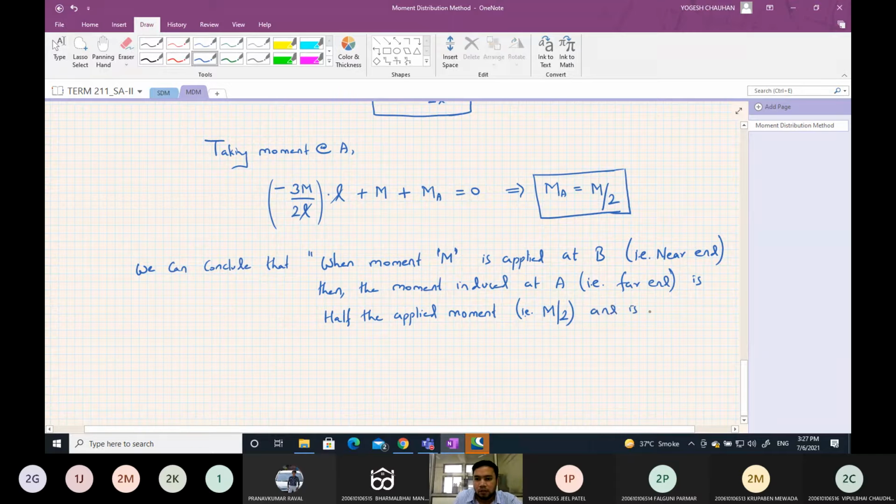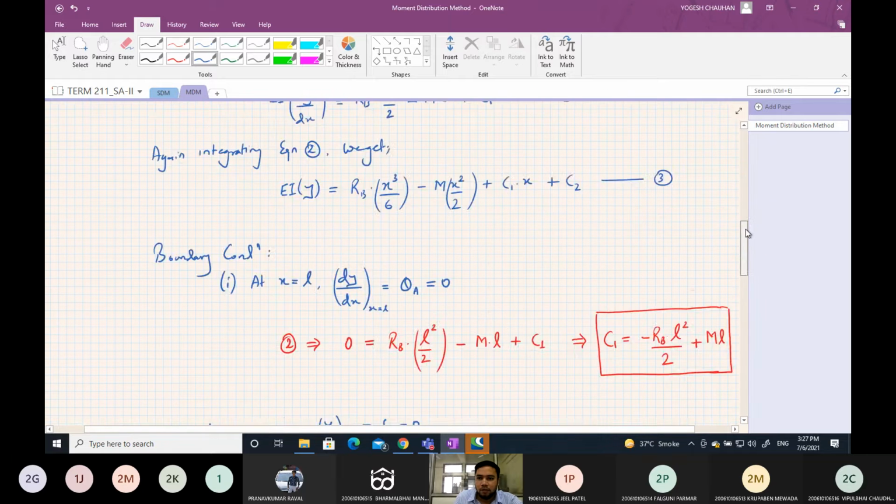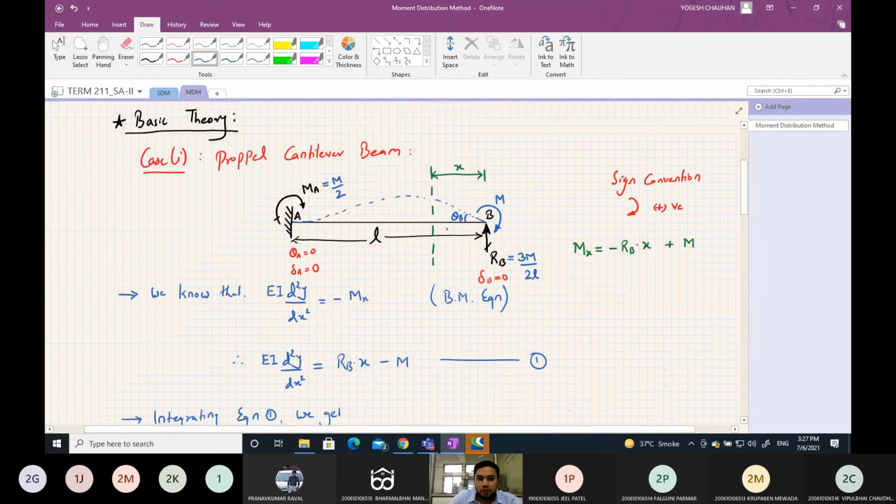Means if we have applied a clockwise moment at B, the moment induced at the far end will also be clockwise but half of it.